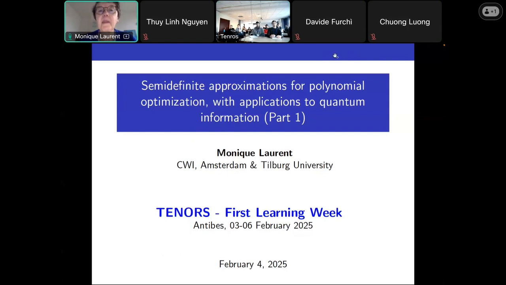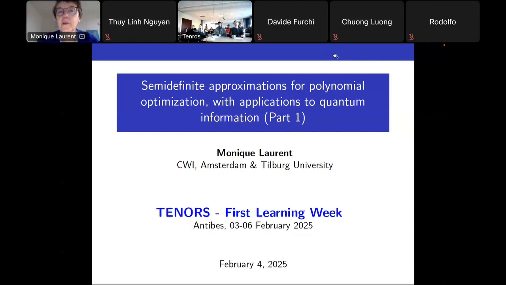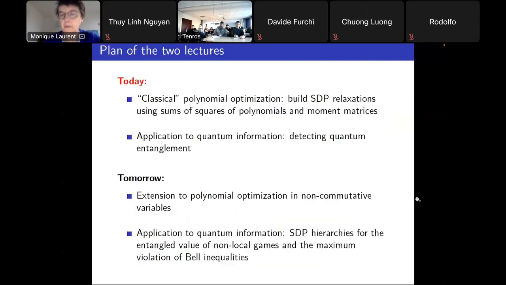So indeed, in this mini course, I want to discuss how to design semi-definite approximations for polynomial optimization. And there will be a focus on a few selected applications to quantum information. So this is the plan. Today I want to discuss what I call, in quotes, classical polynomial optimization. This is just optimization of polynomials in scalar variables, how to build SDP relaxations using sums of squares and moments.